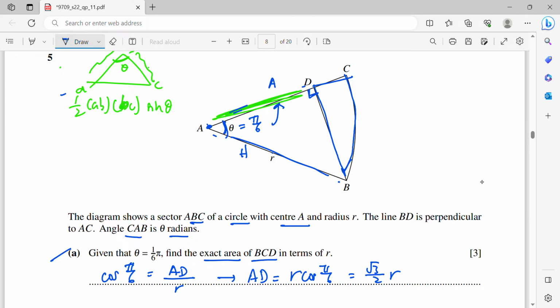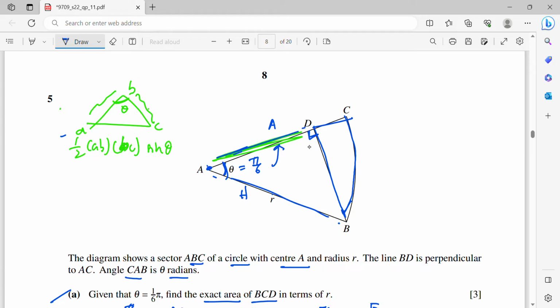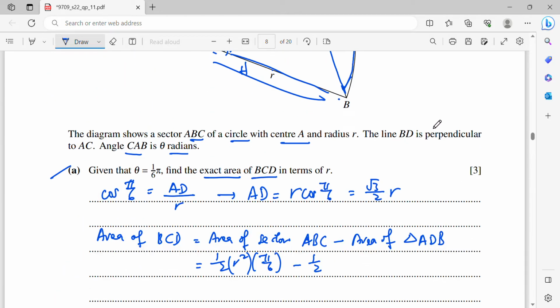Okay, so half R squared pi over 6. Minus area of triangle, as I have shown you just now, it will be half of AD R sine theta, sine pi over 6. So half of AD, which is square root 3 over 2 R, then R sine pi over 6. That's the area of the triangle.